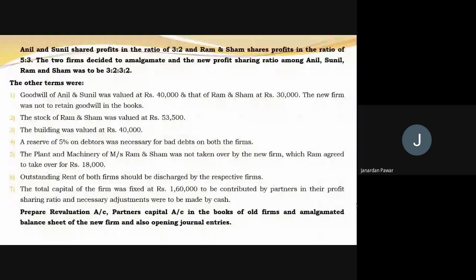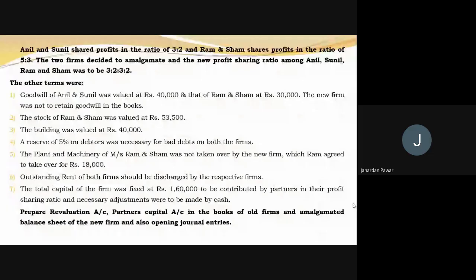Then we will go through the adjustments also. Anil and Sunil share profits in the ratio of 3 is to 2, and Ram and Sham's profit sharing ratio is 5 is to 3.